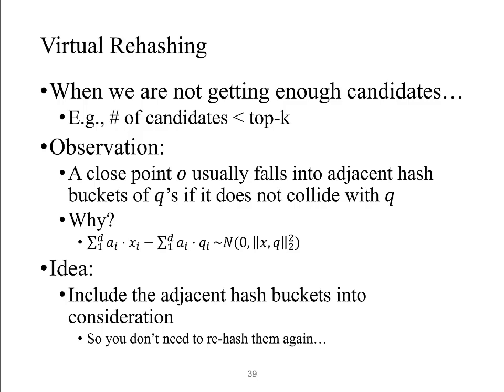So the idea here is, rather than rebuild the index or enlarge the W, and hence still need to rebuild the index, why don't we just include the adjacent hash buckets into consideration? So you do not need to rehash them again.